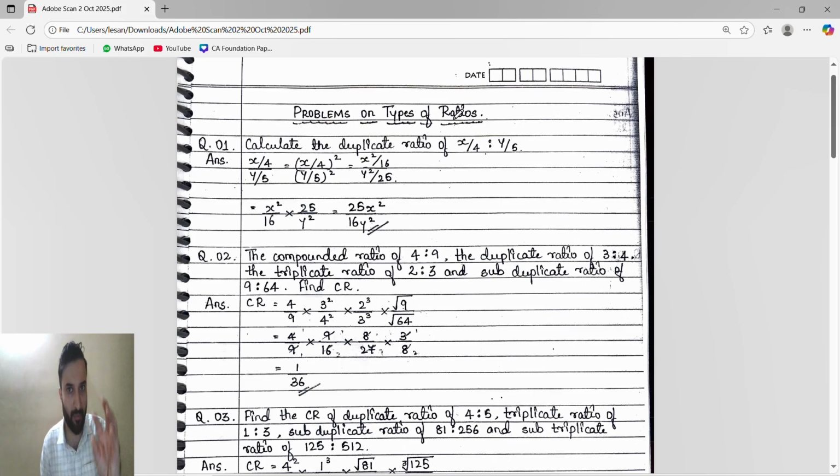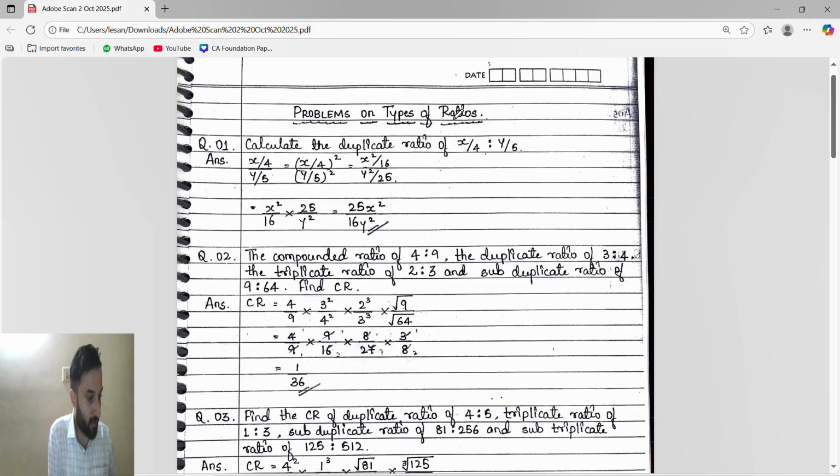After that, we did the continued ratio, and then we solved the problems based upon the continued ratio. As I've said, 8 or 9 problems we solved, and then 2 problems I gave you as homework.